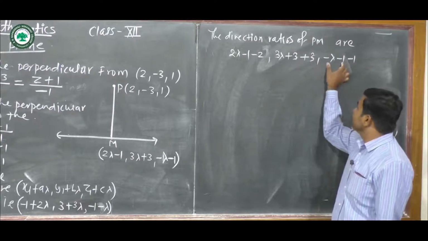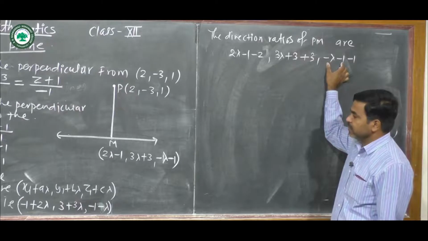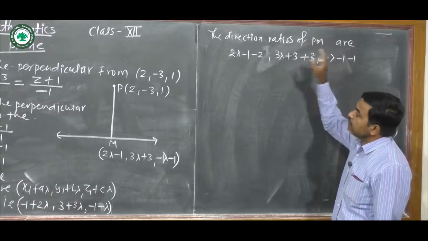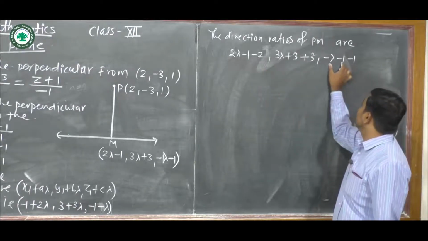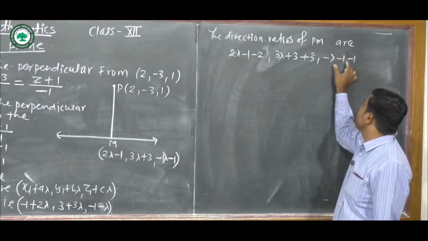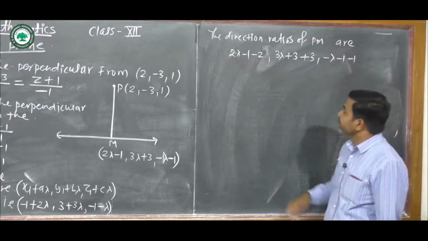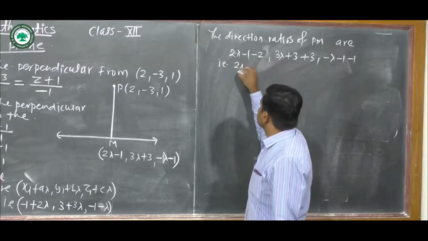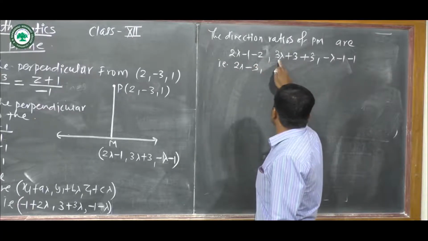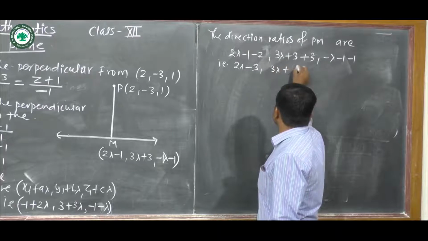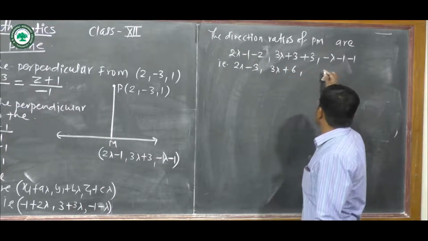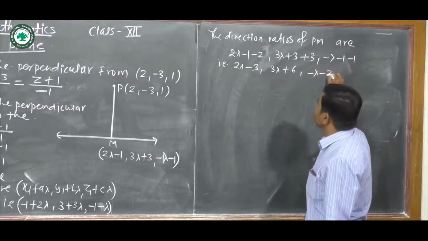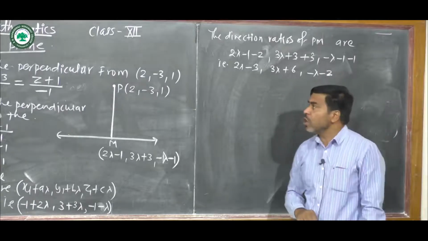See, z2 is minus lambda minus 1 and z1 is plus 1, so z2 minus z1 becomes minus lambda minus 1 minus 1. That is 2 lambda minus 3, 3 lambda plus 6 and minus lambda minus 2. Now these are the direction ratios of PM.